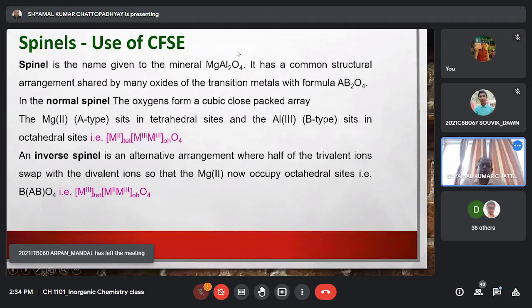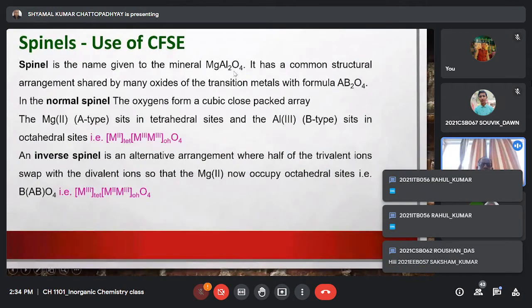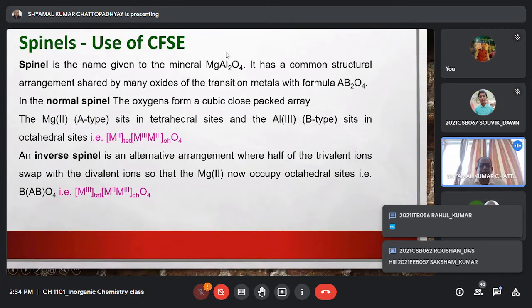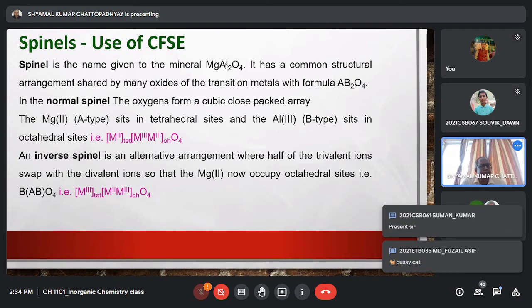Now, you note that in the spinel, we have 4 oxygen atoms, so altogether 8 negative charge, and to balance it, we will have 1 divalent metal ion and 2 trivalent metal ions. So spinels are oxides of binary metal ions. One of the metal ions is bivalent and the other metal ion is trivalent, and the ratio of bivalent to trivalent metal ion is 1:2.